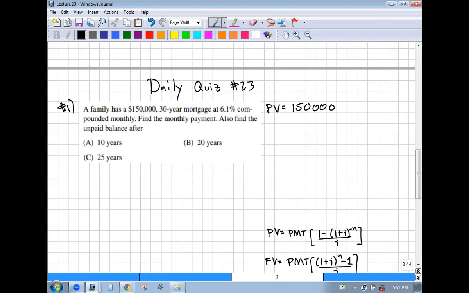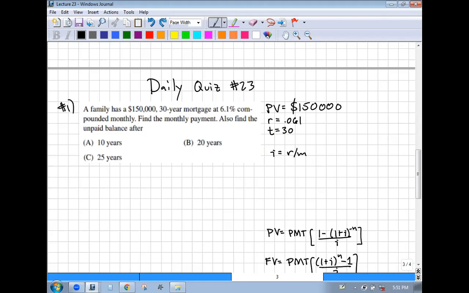Does that make sense? Okay, so our present value is $150,000. The R here is 0.061. The 30-year mortgage, so T equals 30. Our I is the rate per period. Oh, we have to find out our period here. This is compounded monthly, making a monthly payment.